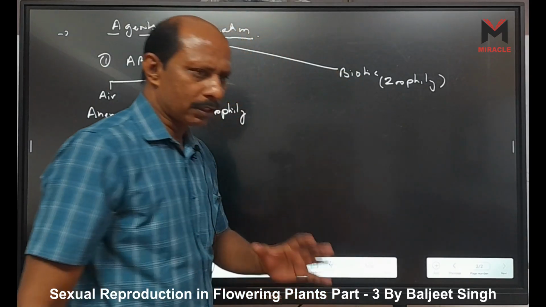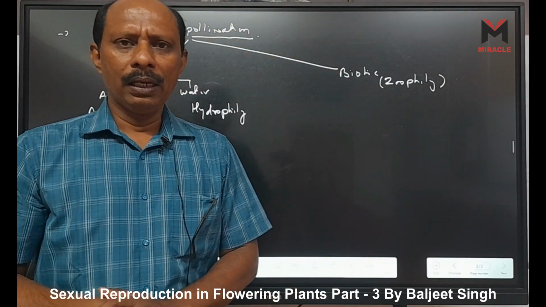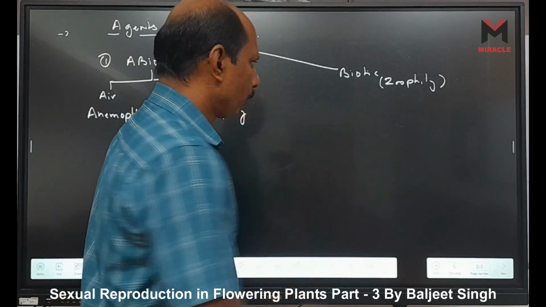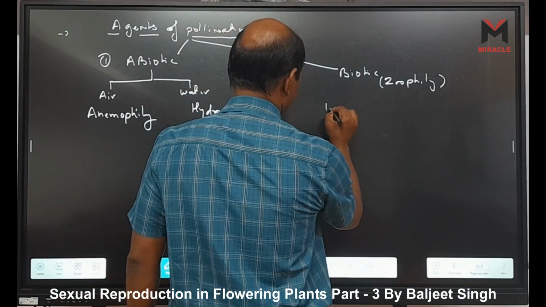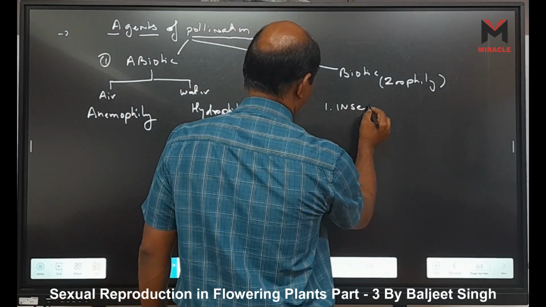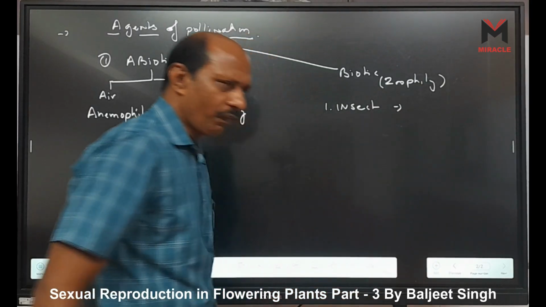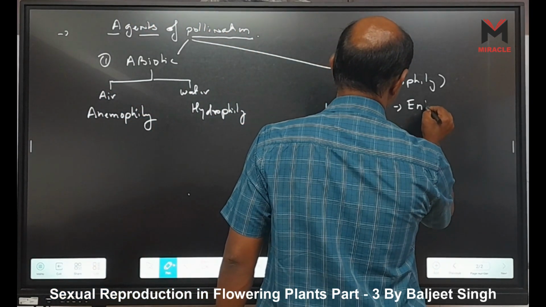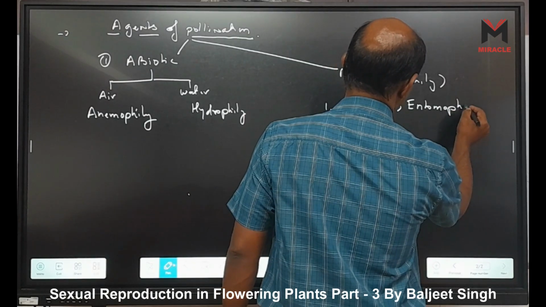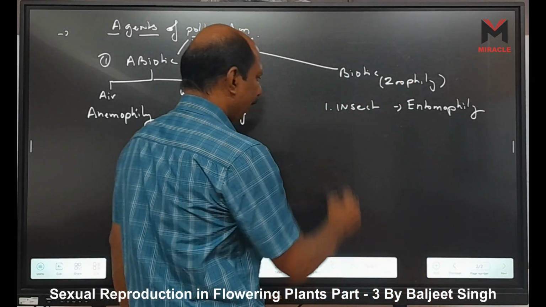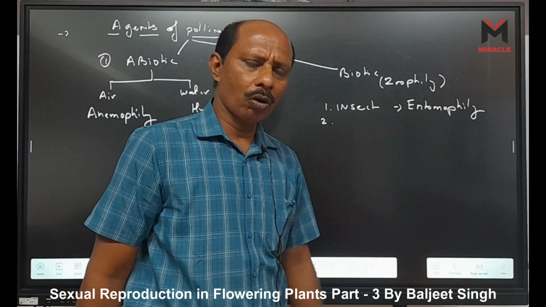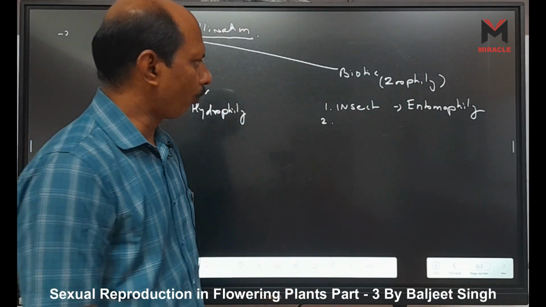Mostly it is pollinated by insects, right? Here first is insect. If insects are involved, it is called entomophily. Mostly 80% of pollination occurs through insects, that is called entomophily.